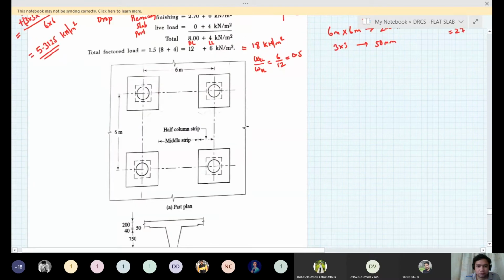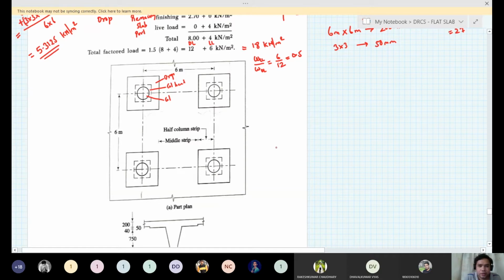This is the plan view. This is your drop. This is the column head, and here the equivalent rectangular area of the column head is shown, and this is your column.